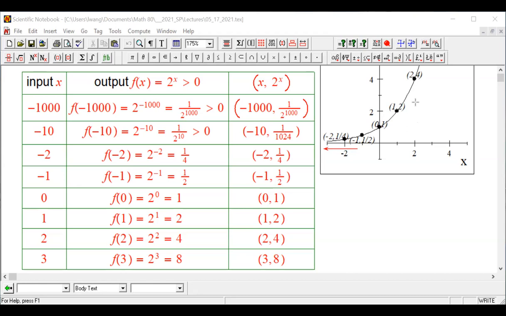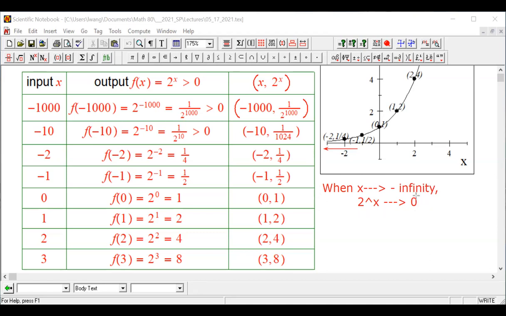So what we demonstrated here is that in this direction, when x is approaching -infinity, 2 to the power of x is approaching 0, but larger than 0.